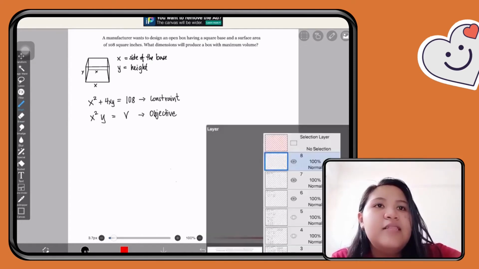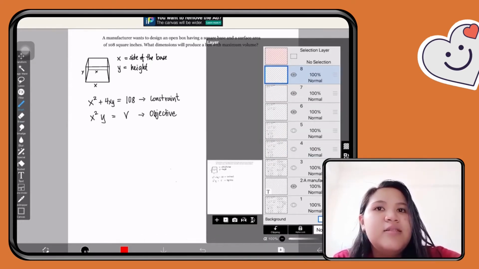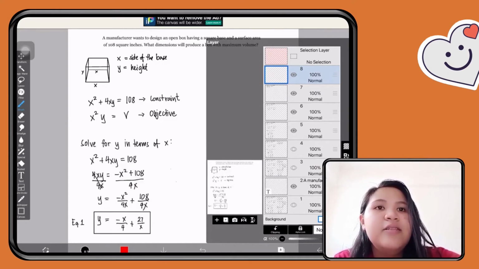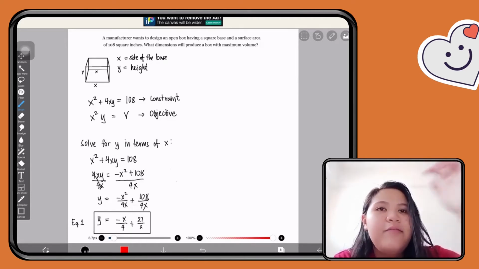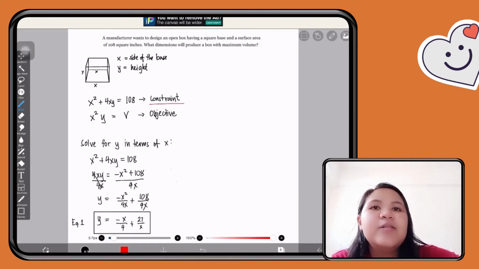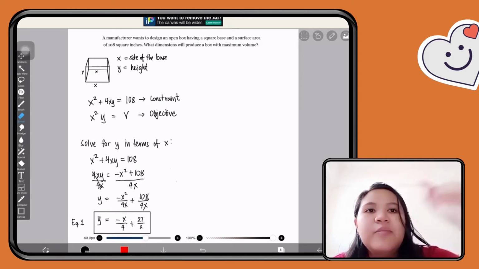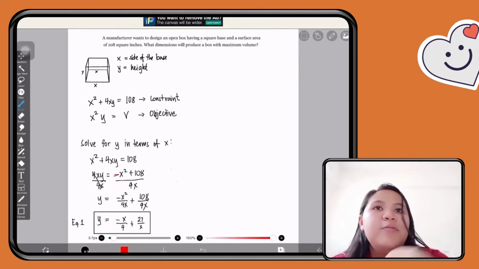Now that we have the constraint and the objective, let's go ahead and use the constraint function to get the y in terms of x. So we have the formula x squared plus 4xy equals 108. Then since we are going to use the y, we transpose the x squared, so it's going to be negative. Then we still have 4x near y, so we cancel.